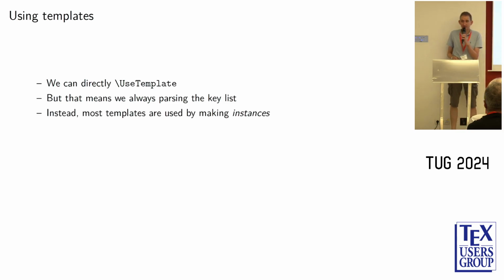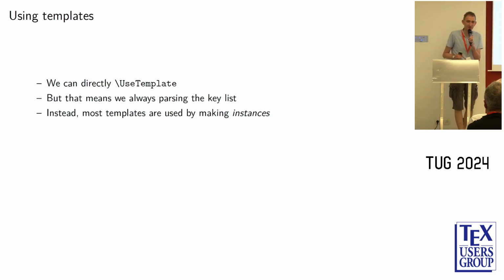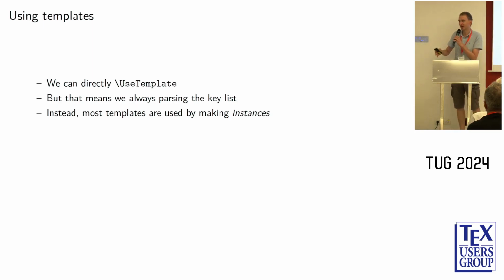So what we normally expect is people to make instances. An instance is where we preset some of those key-vals. Taking my running example of sections, we're making an article. We've got section, subsection, subsection. So the one for section, we say it's always going to be 12 point, it's always going to be bold, it's always going to have a section number.